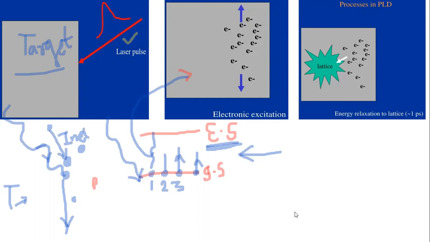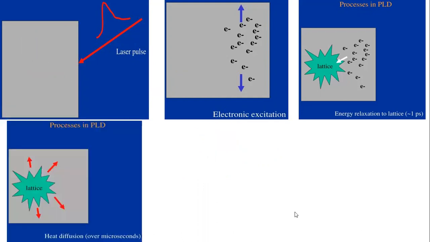So what will happen in the fourth stage? Whenever the laser beam is bombarded onto the substrate, the lattice is formed and heat is generated. Due to that, heat diffusion is created.